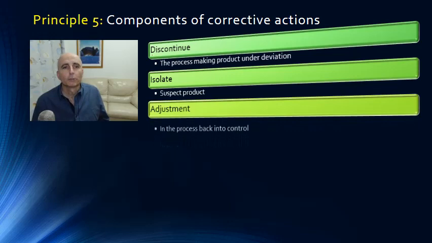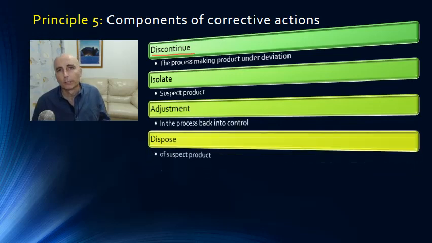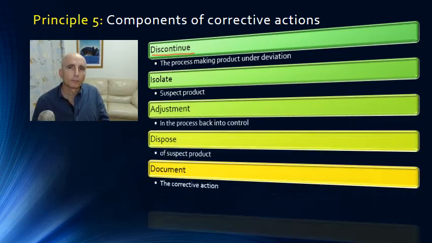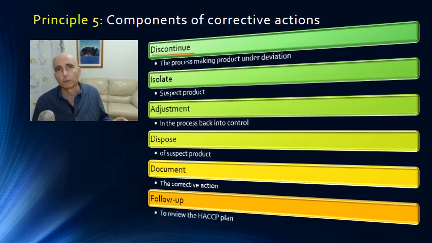First of all, we're going to discontinue the process because something's happened or a critical limit at the critical control point has been either higher or lower than what we need. We're going to isolate that suspect product, then make an adjustment. What that means is we'll move that out so that we can keep going with the process, ensuring that we have safe food.